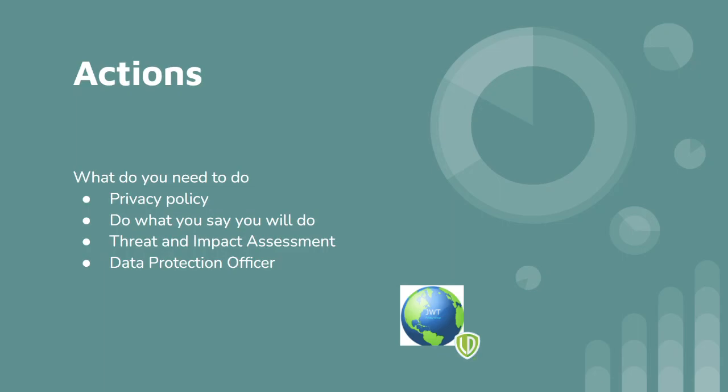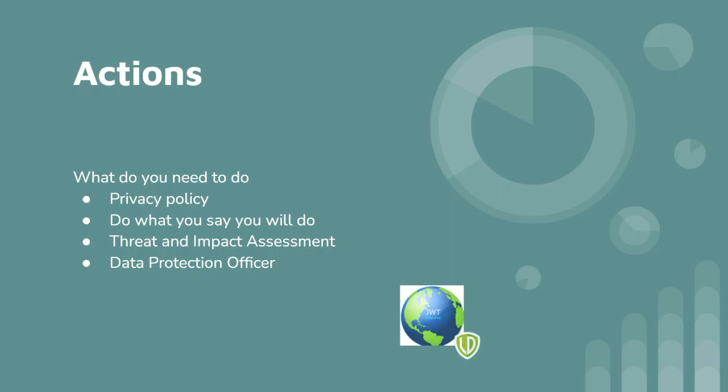Which brings us to the actions, what you need to do. Now, a privacy policy is probably the best known and the most common tool that's used toward data privacy and compliance. So it should be easy to find. Your privacy policy should be clearly written so that it's easy to understand.